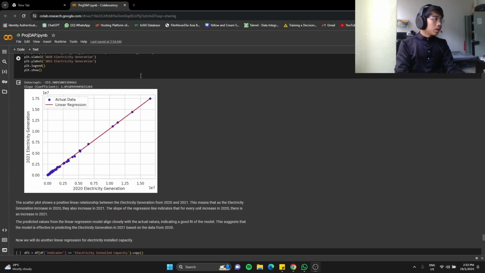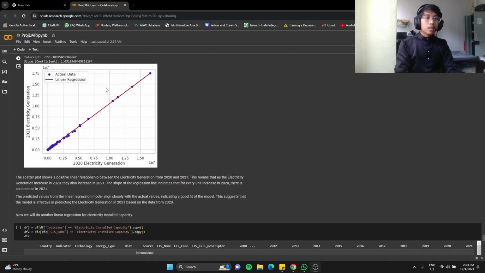For the electricity generation, the scatter plot shows a positive linear relationship between the electricity generation from 2020 and 2021. This means that when electricity generation increased in 2020, it also increased in 2021. The slope of the regression line indicates that for every unit increase in 2020, there is also an increase in 2021. So I can conclude that this is a good fit of the model.